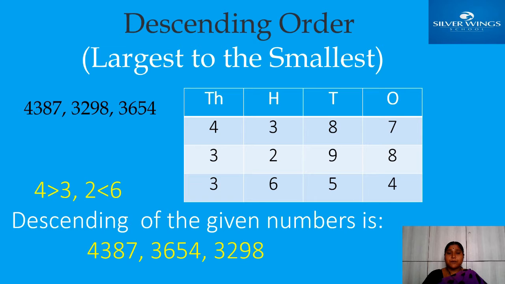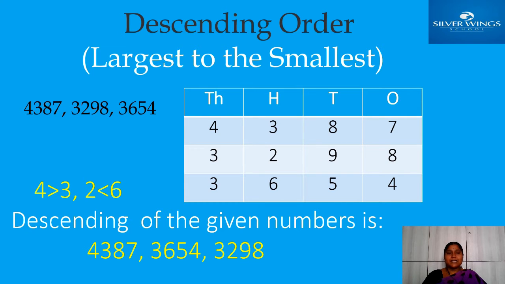Here we want to write the big number first, because we are writing in descending order. 4 is the big number, so you should write 4,387 in first place in the descending order.